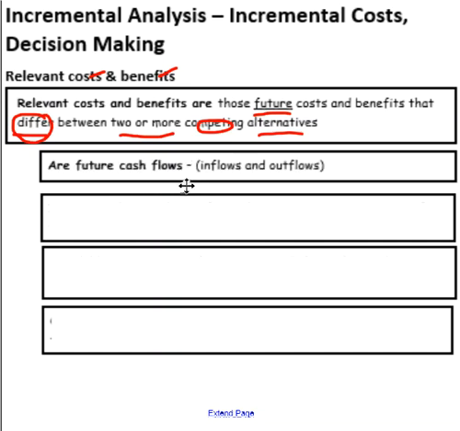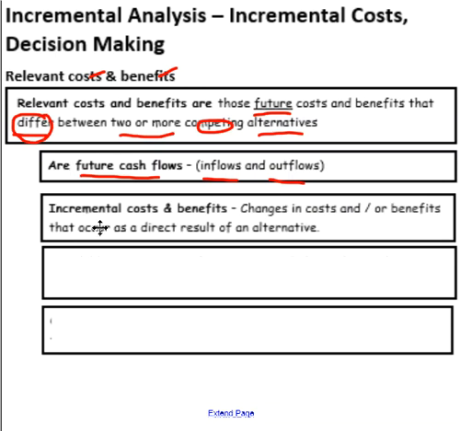Relevant costs are future. Very important. They're future cash flows, and that includes inflows and outflows. Typically, outflows are expenses and cost. Inflows are typically through revenue. There can be other items, but right now we'll just worry about the term revenues.